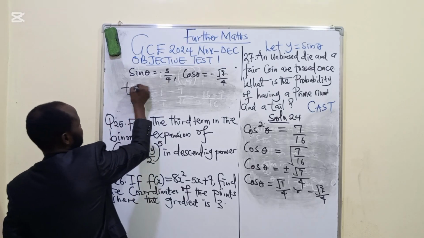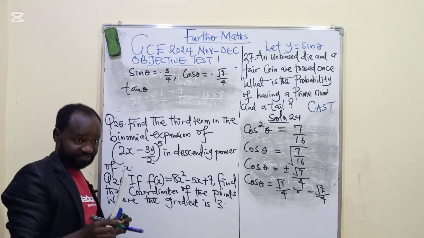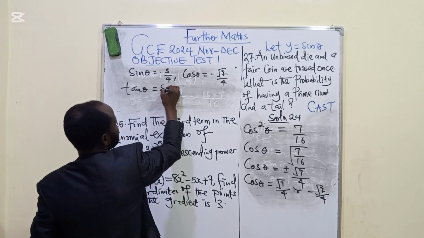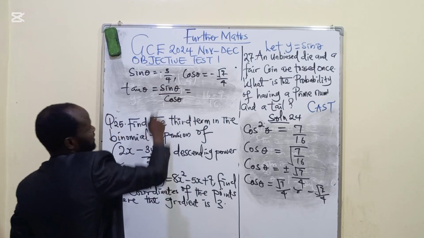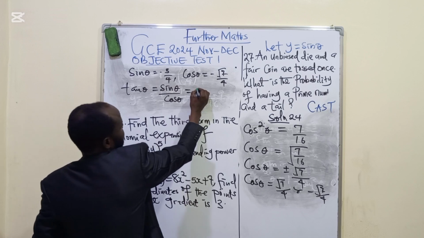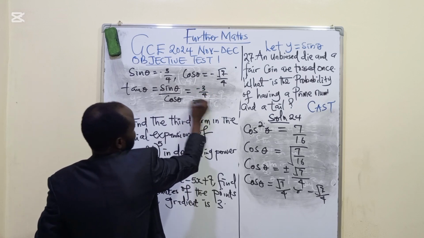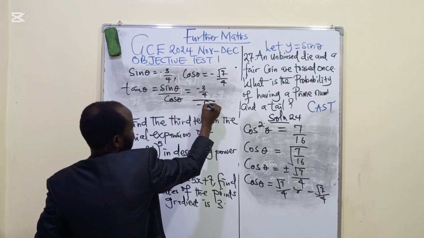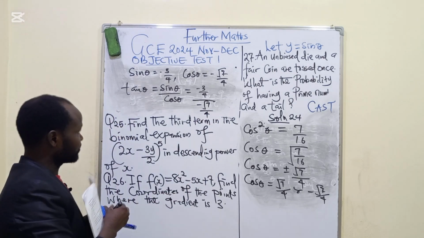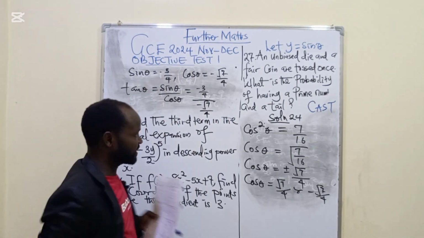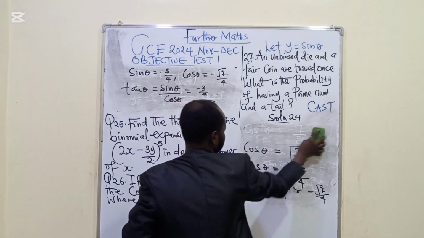So tan theta now, from trig identity, is nothing but sin theta divided by cos theta. Let's simplify. Sin theta is minus 3 divided by 4 divided by minus root 7 divided by 4. Very important.